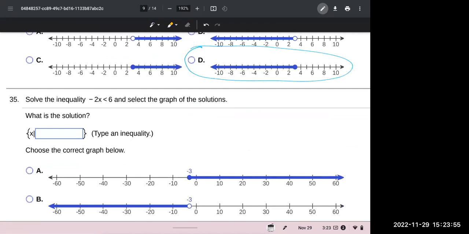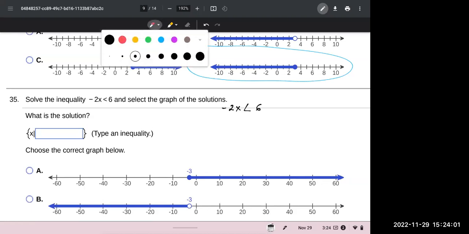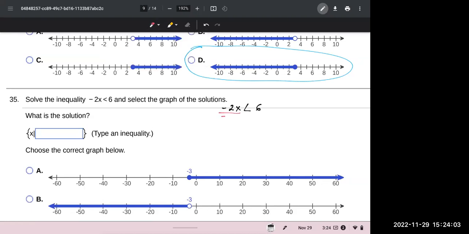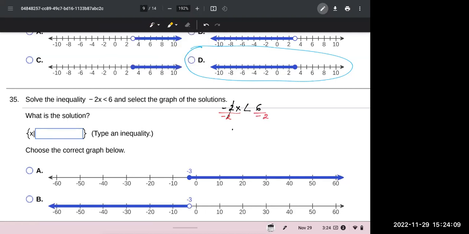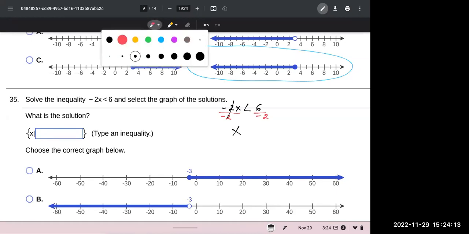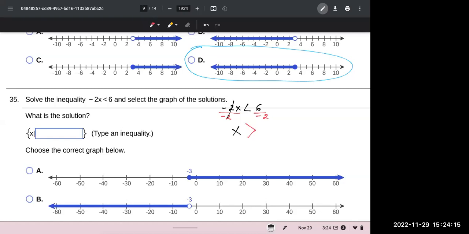35, one more inequality to solve, negative 2x less than 6. So isolate x by dividing both sides by negative 2. Here you need to remember the rule that when dividing by a negative number, you switch the inequality symbol to the opposite.